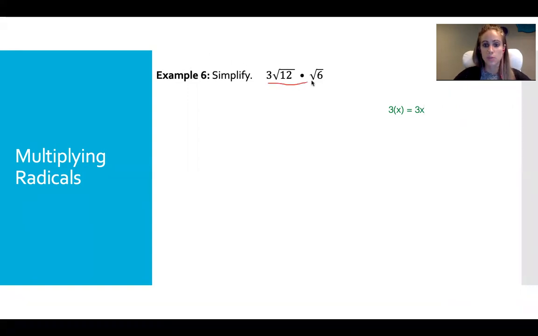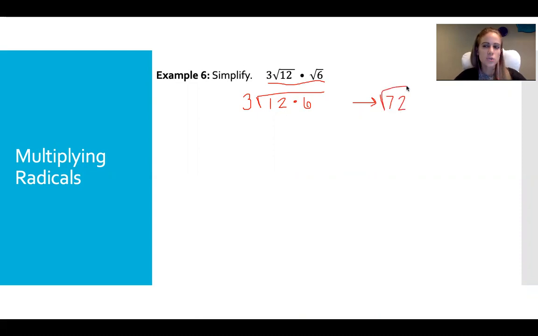One of my rules is that if I am multiplying with radicals, I can rewrite them under one radical. So we can rewrite this as 3 times the square root of 12 times 6. I want to do a little check in my head here before I move forward. What is 12 times 6? Well, 12 times 6 is 72.